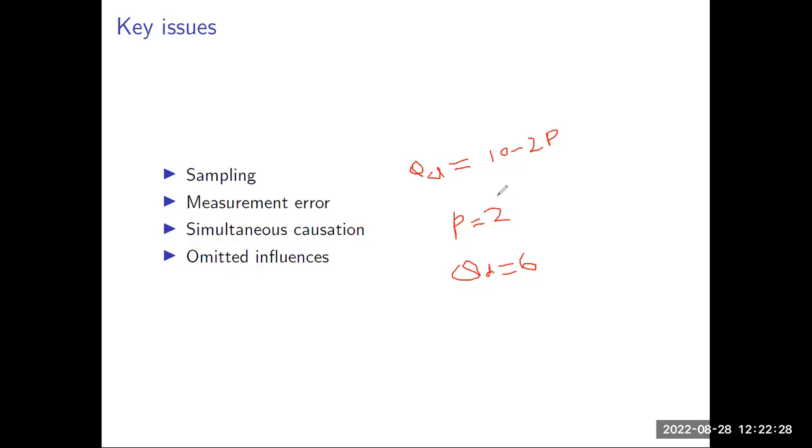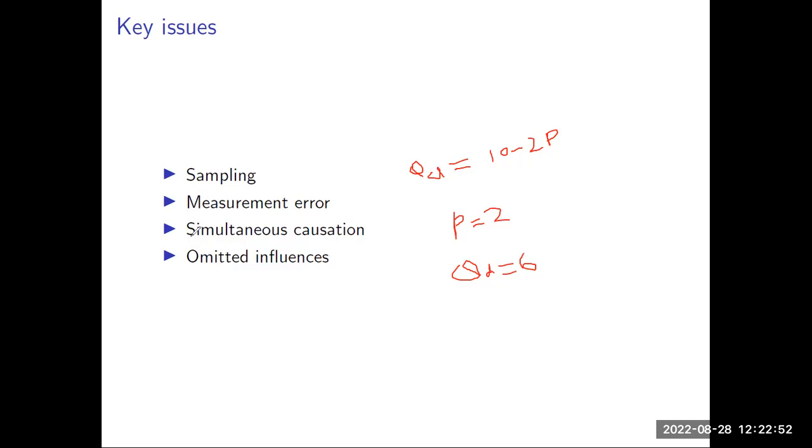But do you really get that quantity demanded when you look at the real data sets? When you look at the available data sets, or at the real happenings, generally you find a difference between what you estimate and what the actual value of the quantity demanded is.